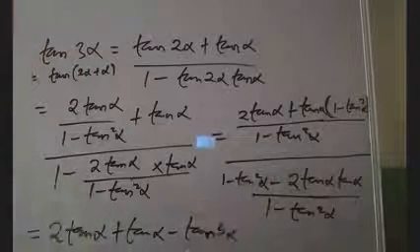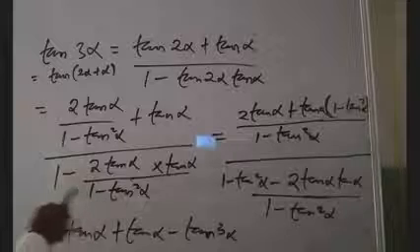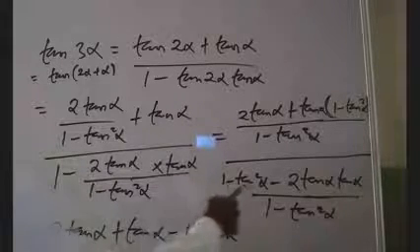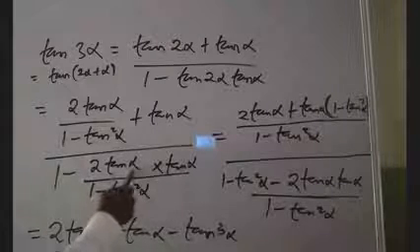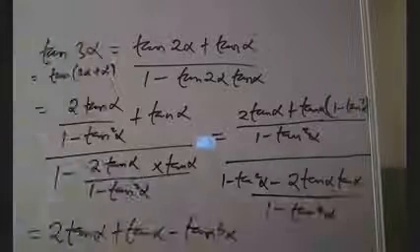Then here, if you take the LCM, 1 will be equal to 1 minus tan squared alpha minus 2 tan alpha times tan alpha.